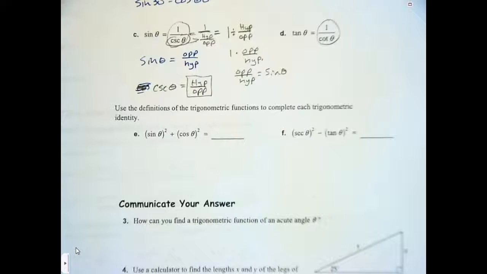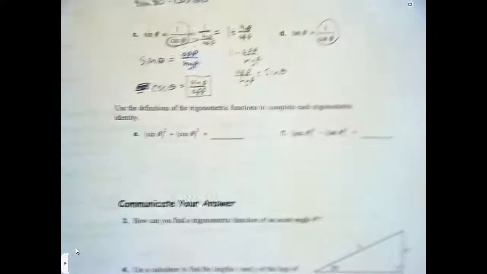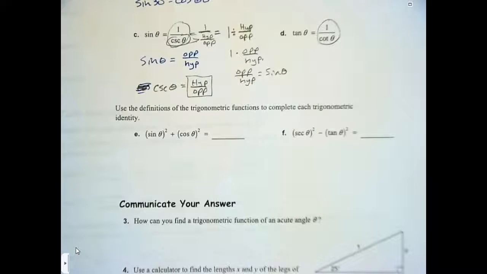Use the definition of the trig functions to complete each trig identity. Sine theta squared plus cosine theta squared is equal to what? Talk about it with your groups. Anyone have any idea what to do? Matt? So you're using opposite and adjacent.